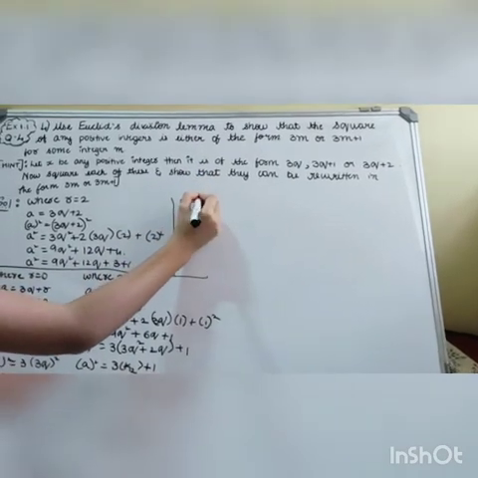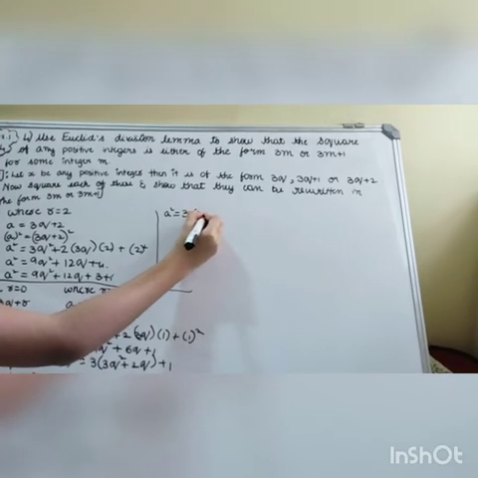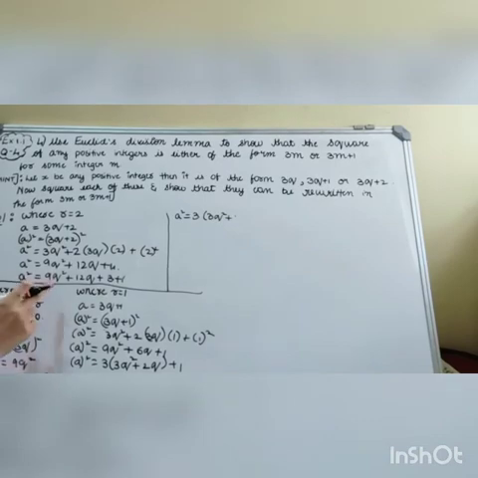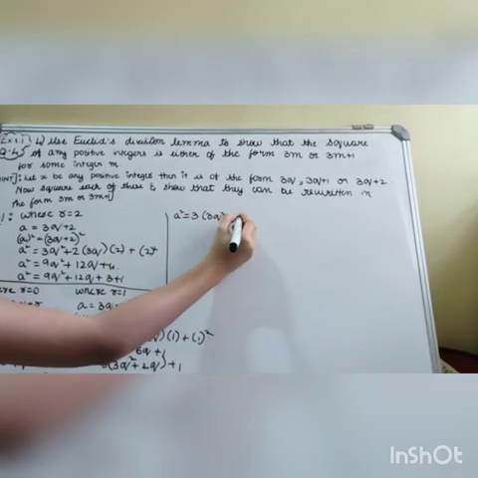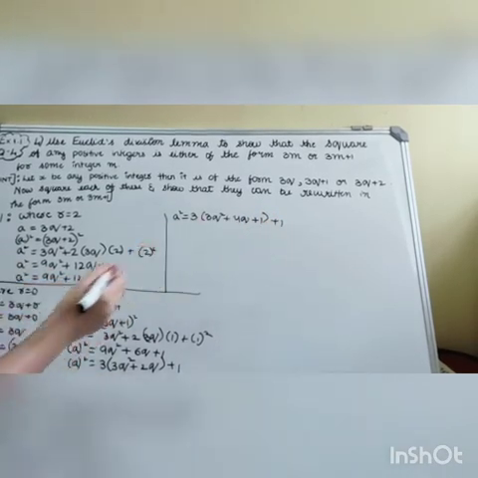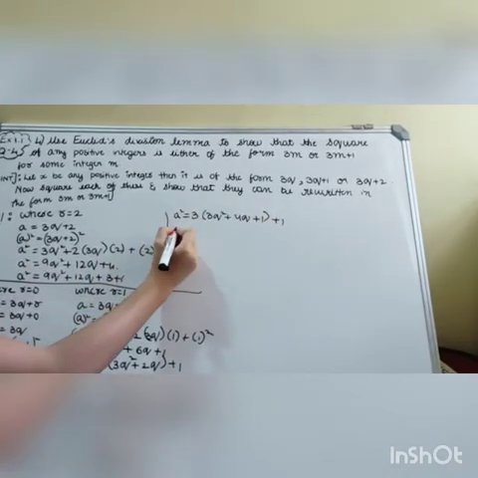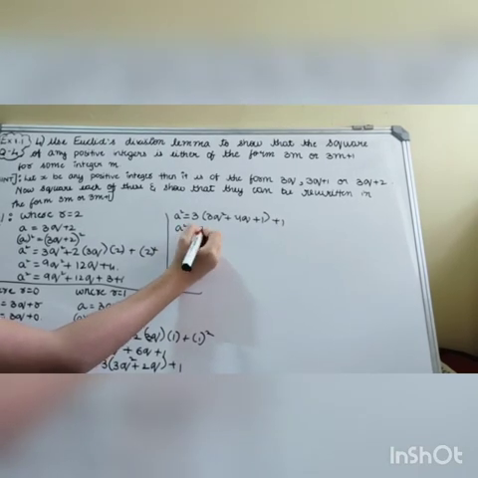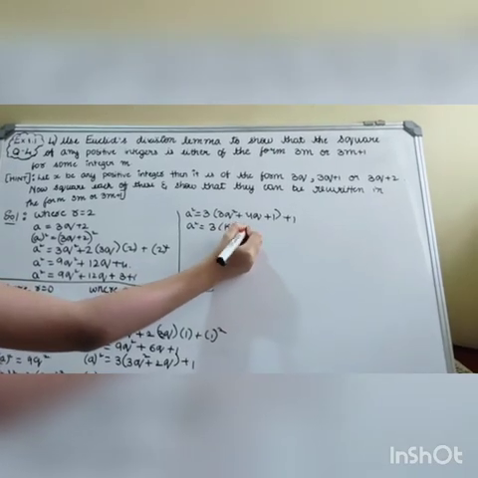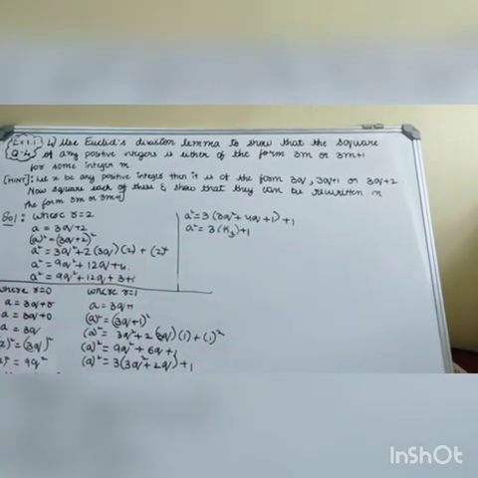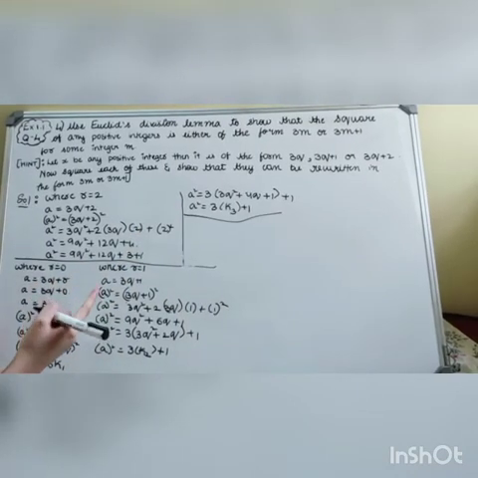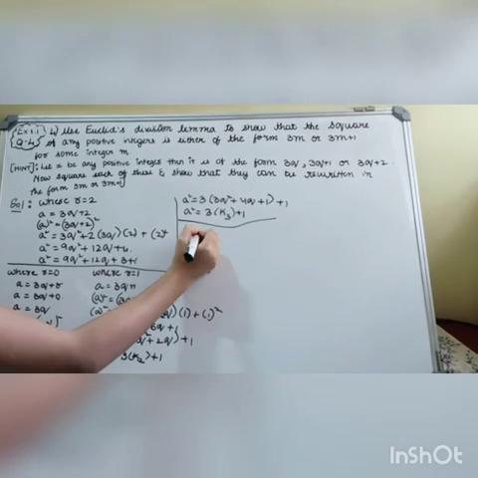So 3 times (3q square plus 4q plus 1), and here in the bracket plus 1. Now I'll write this bracket as k3, so 3k3 plus 1.